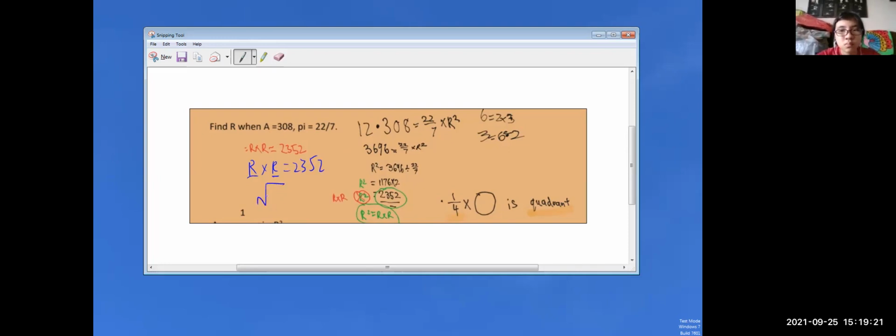Can you search for this button on your calculator? You find it already? Okay, then you key in 2352 inside. Then you press the equal sign. And then you tell me the answer.